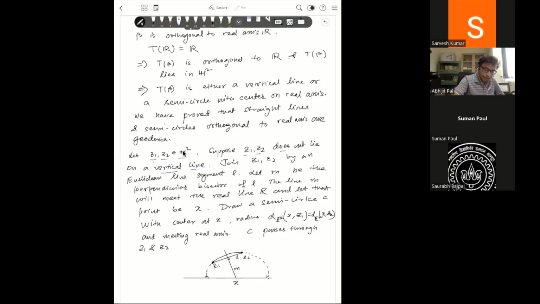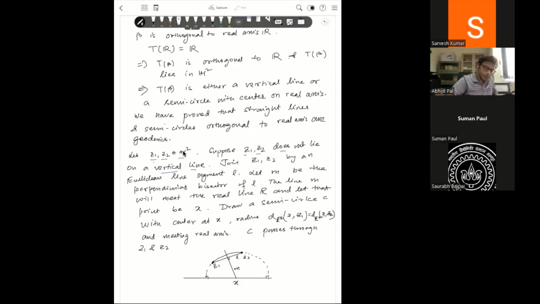Given any two points in the upper half plane, why does there always exist a geodesic passing through Z1 and Z2? You know that vertical lines and semicircles are geodesics. Suppose Z1 and Z2 do not lie on a vertical line. Then we will show that there exists a semicircular arc joining Z1 and Z2.